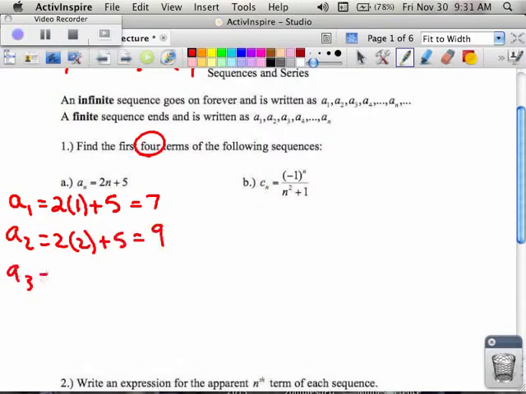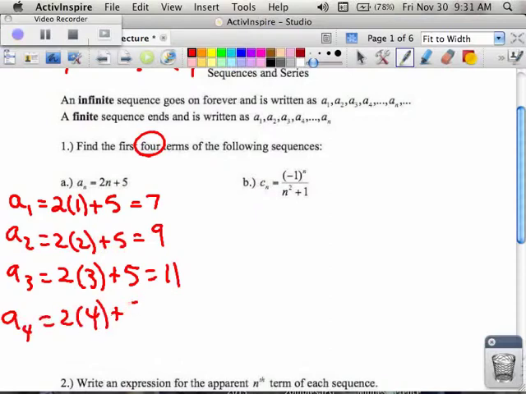A sub 3, 2 times 3 plus 5, so that's 11. And a sub 4 would be 2 times 4 plus 5, or in other words, 13. And hopefully you notice, as you're looking, that each of these numbers are the numbers that I'm plugging in.